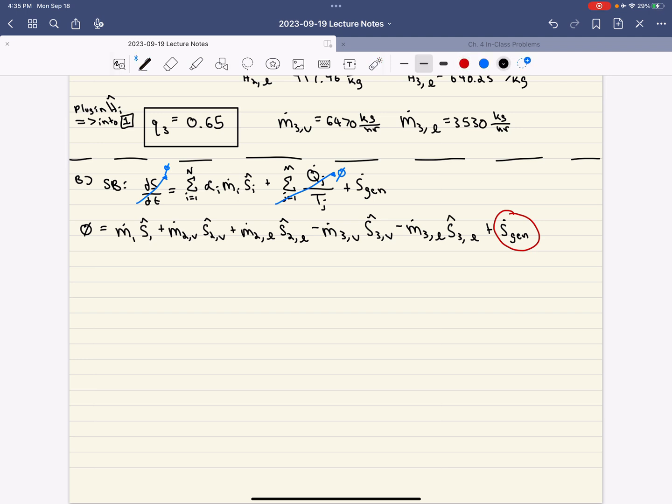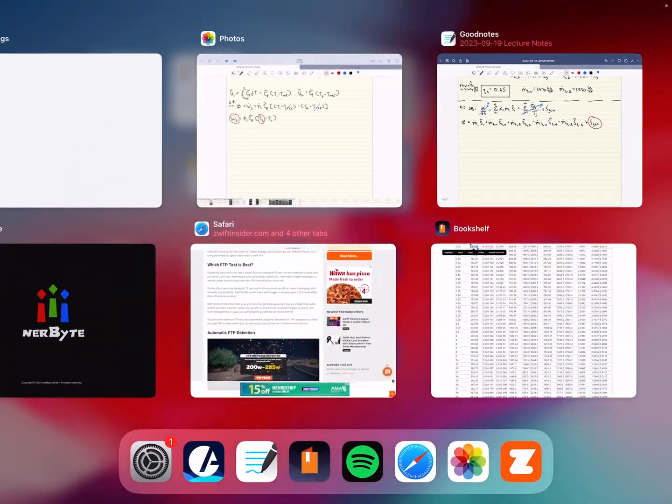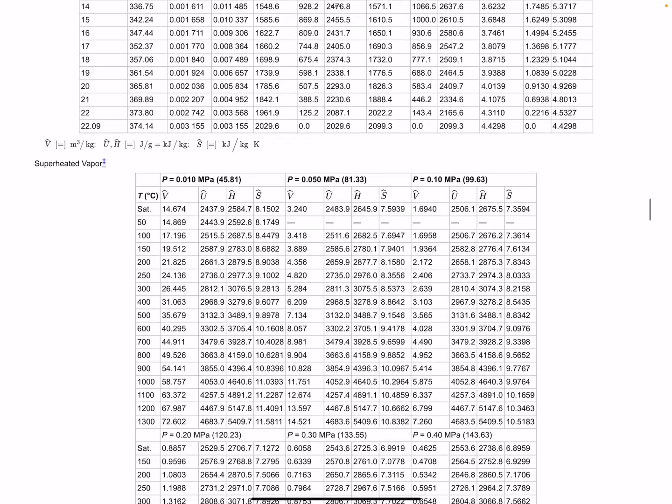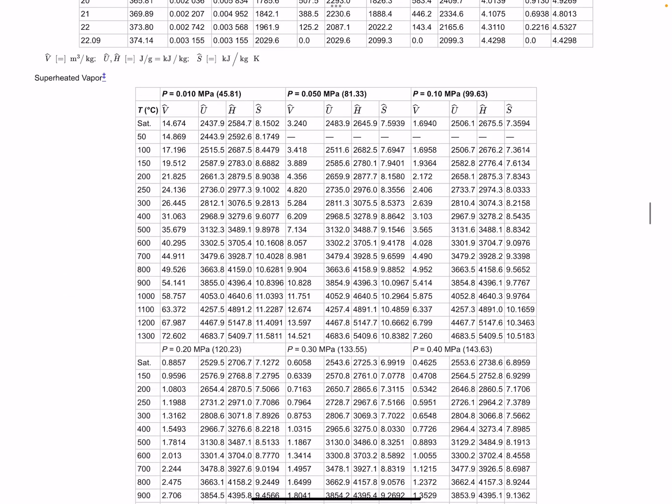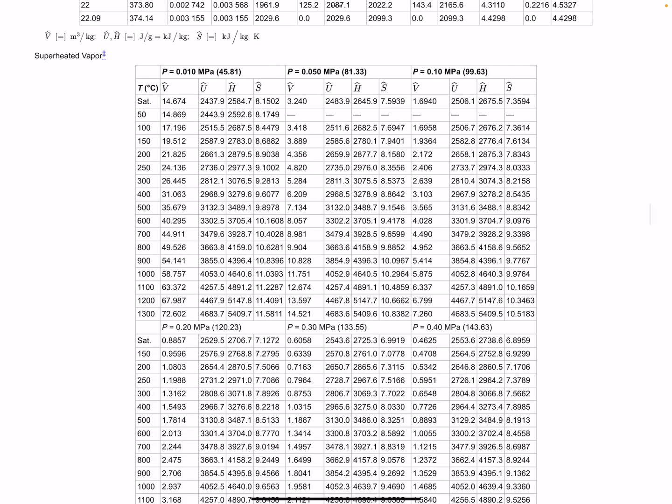Fortunately, because we're dealing with steam, rather than having to go through a fundamental entropy calculation, instead what we could do is actually use the steam tables again. Because unlike in MEB2, where we only worried about internal energy, enthalpy, and specific volume, in your thermo textbook, it also lists the entropy values for steam.